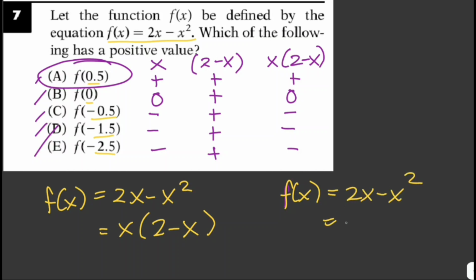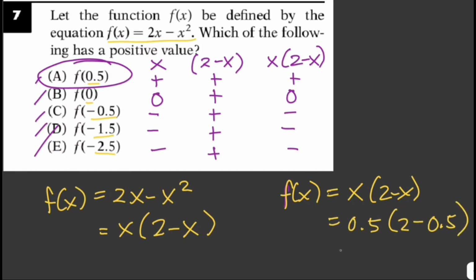So you can just substitute 2 minus x times x. If your x is 0.5, then 2 minus 0.5 is 1.5, and this gives us a positive value. So that means the answer is positive.